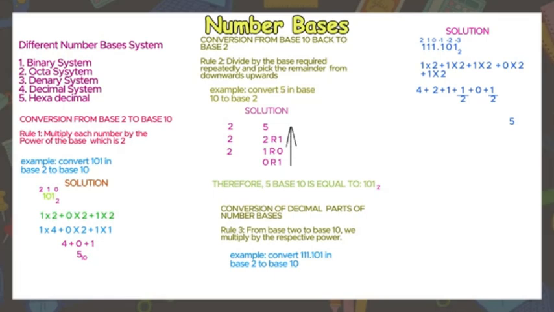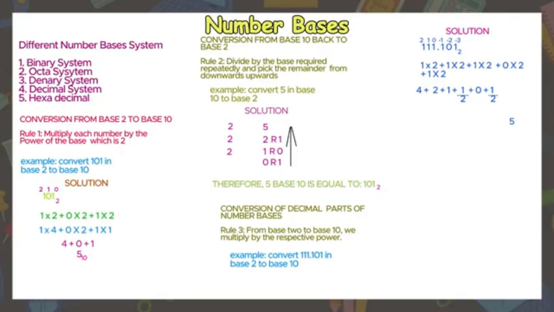You need to number it from behind. So we number it from the back, and we start with 0, 0, 1, 2. Now 1 multiplied by the base raised to power 2, plus 0 multiplied by the base raised to power 1, plus 1 multiplied by the base raised to power 0.